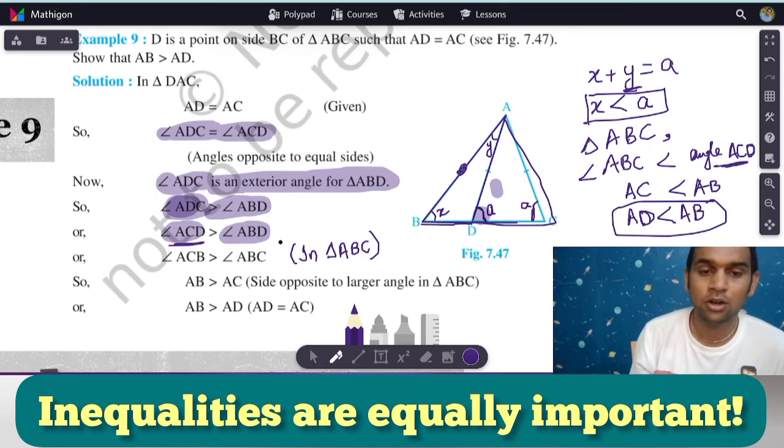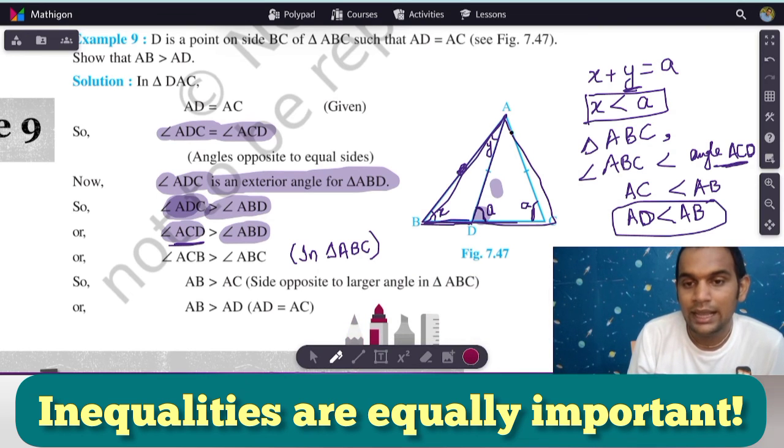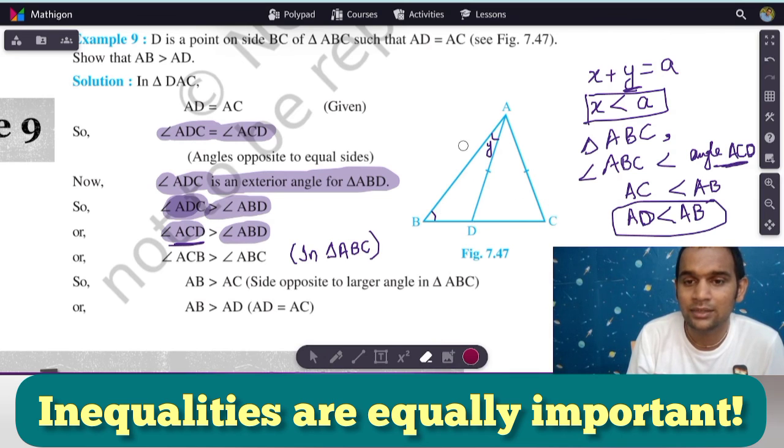We cannot use the theorems if we are limiting ourselves to smaller triangles, so we have to consider triangle ABC completely. Similarly, ABD, instead of this, we took it as ABC. It's representing the same angle, I have just changed the name. That is what we did in the next step.